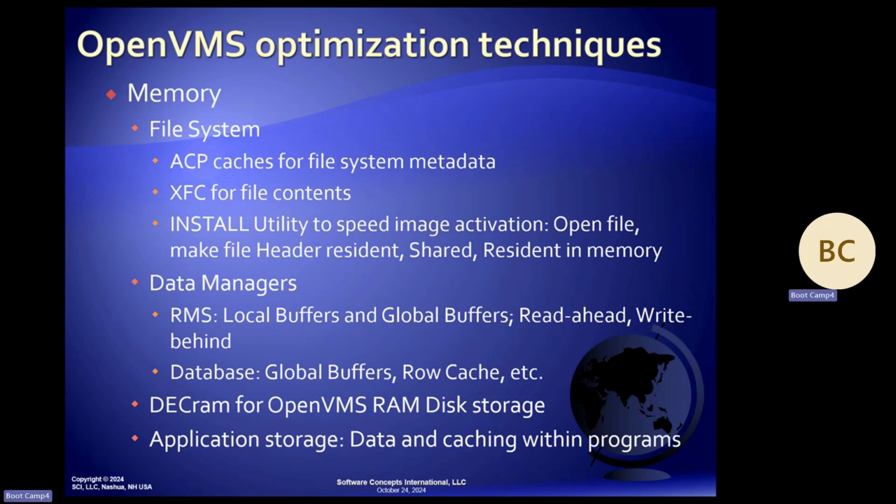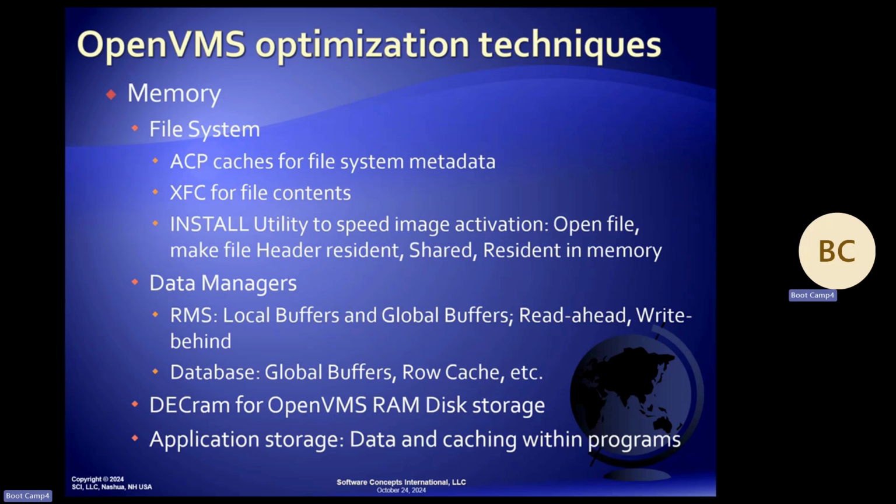Okay, data managers, which might be databases or RMS. The number of local buffers and the number of global buffers that you use can make a great deal of difference in performance. You can tell RMS to do read ahead and write behind caching. In the database area, you've got all sorts of options for global buffers. You can use row cache.